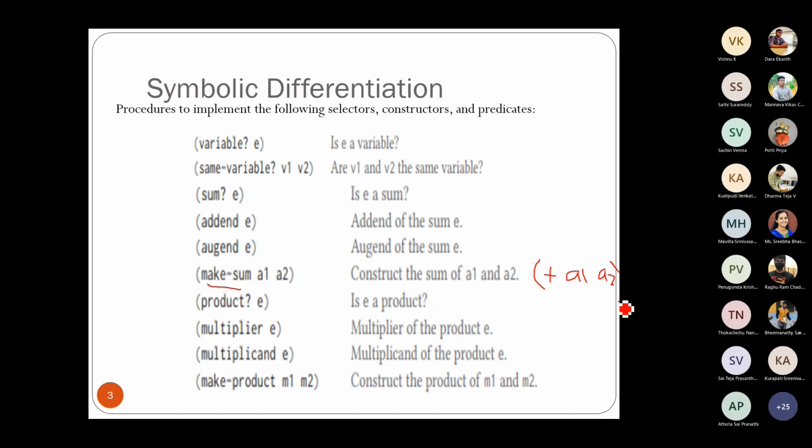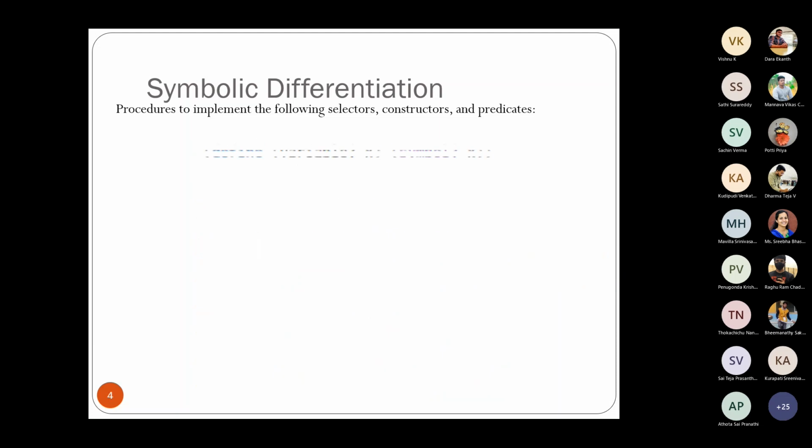So your Lisp interpreter, whenever it is executing this particular statement, it will add it, isn't it? So I have to write a statement which will construct an expression like this. I have a make-sum which will take two arguments A1 and A2, and then construct a list which has plus, then A1 and then A2. Okay, so how to do that?